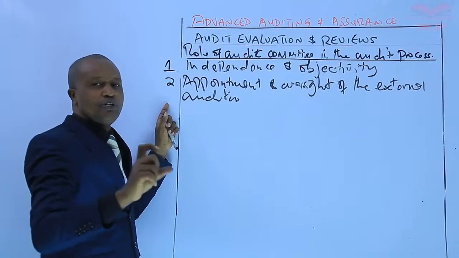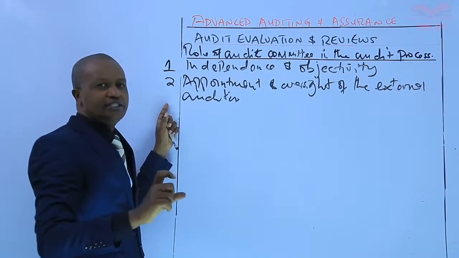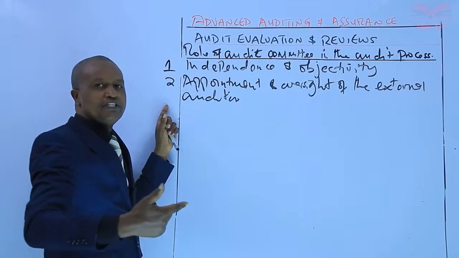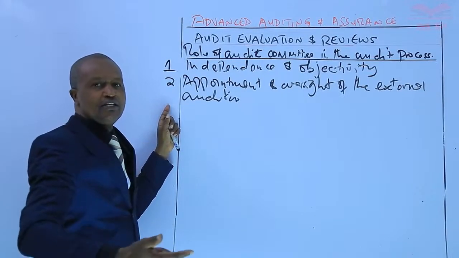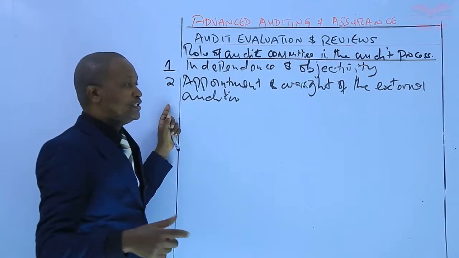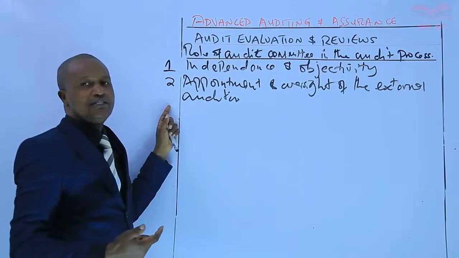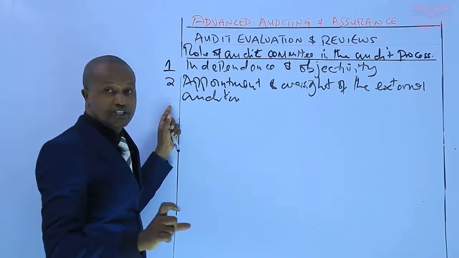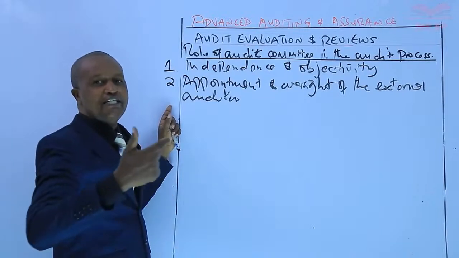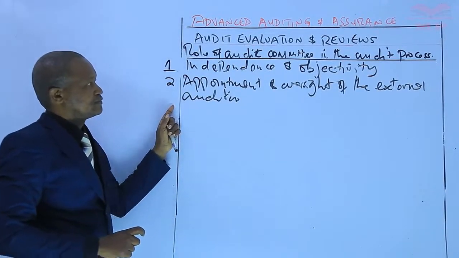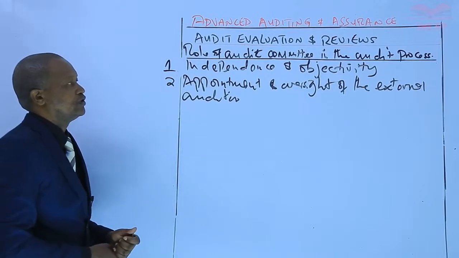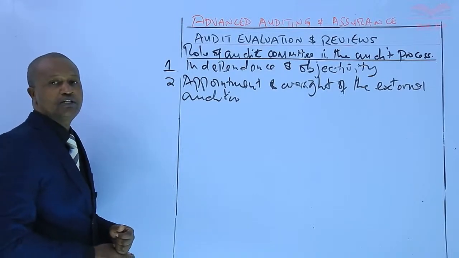This committee also monitors the auditor's independence, monitors the auditor's objectivity and performance, and that includes reviewing and approving the audit engagement letter, discussing the scope of the audit, and evaluating the adequacy of audit fees. That's the second role of audit committee in the audit process.